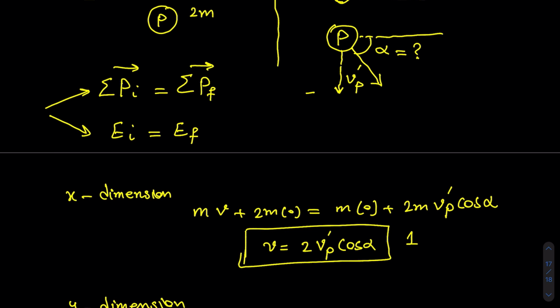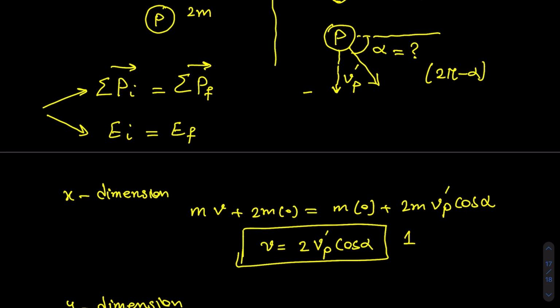Or we can say we do not consider the negative, we just say this alpha is not alpha, it is 2 pi minus alpha. So therefore it will be sine of 2 pi minus alpha, or let's say beta, which is different from alpha.